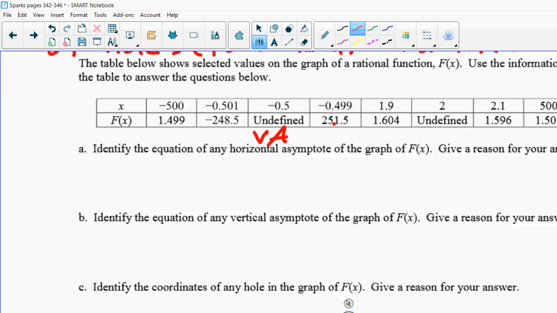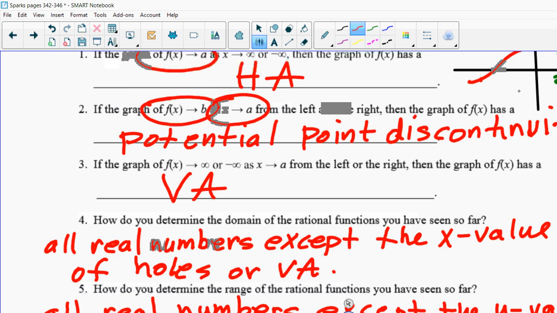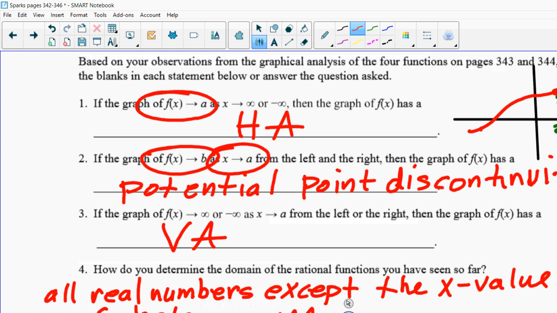Yes? We have a vertical asymptote. What's the equation of the vertical asymptote? x equals negative 0.5. Why? Because the function approaches, look right here, if the function approaches infinity or negative infinity as x approaches some number.